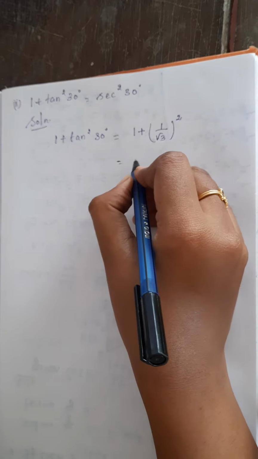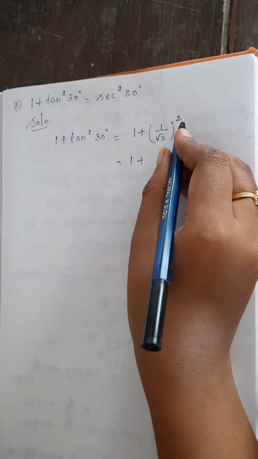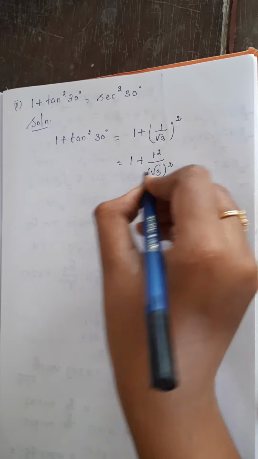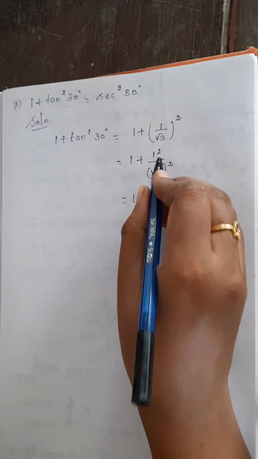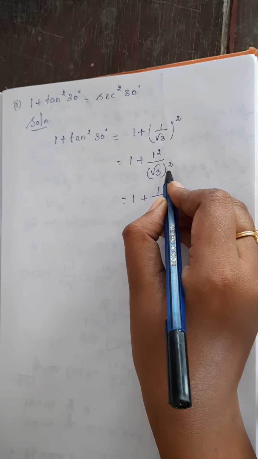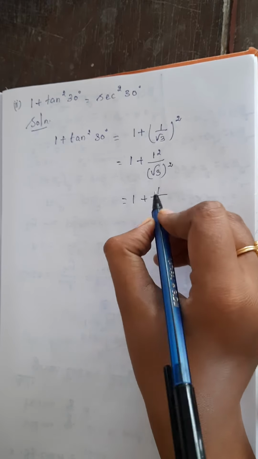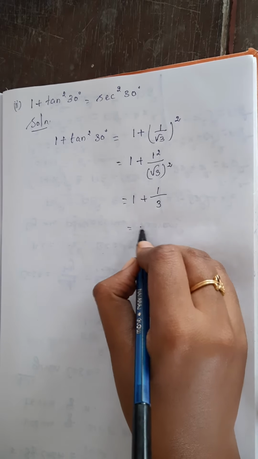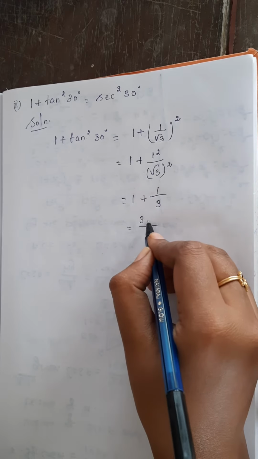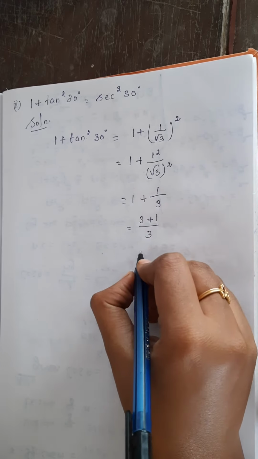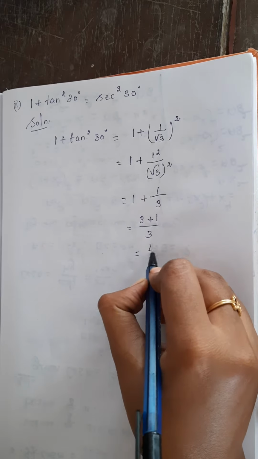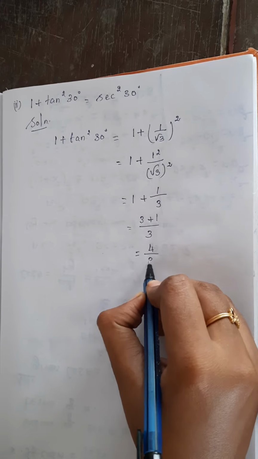That is equal to 1 plus 1 square by root 3 square. Then equal to 1 plus 1 square is 1. Square root and square will be cancelled. Only the remaining is 3. Now take the LCM. 3. 1 into 3 is 3 plus 1. That is equal to 3 plus 1, 4 by 3.